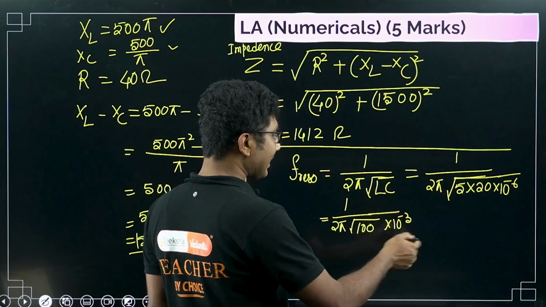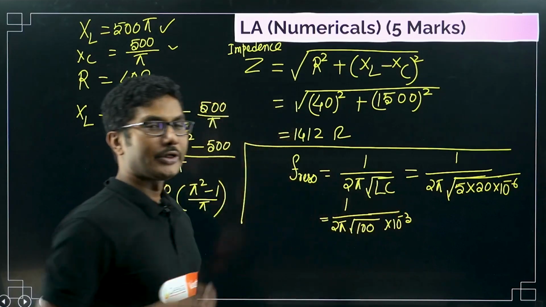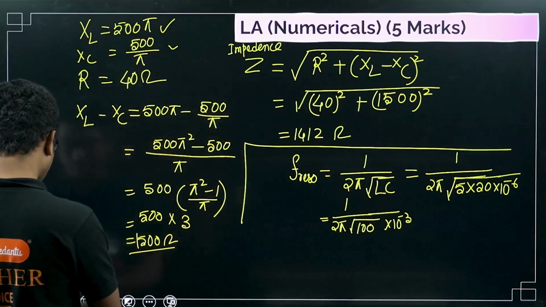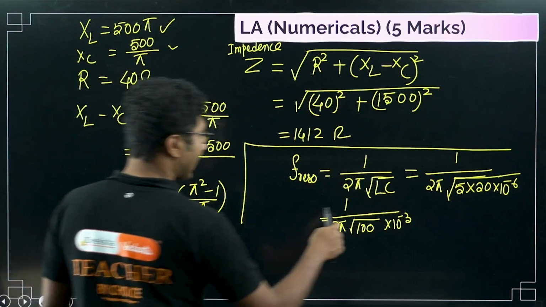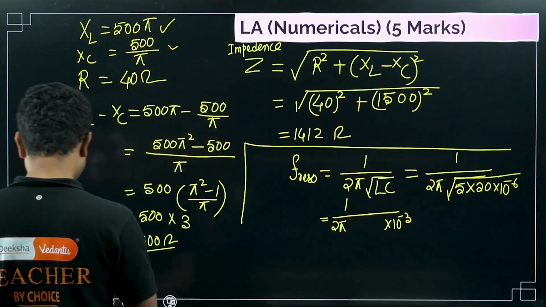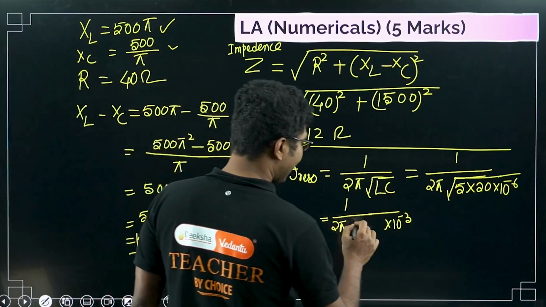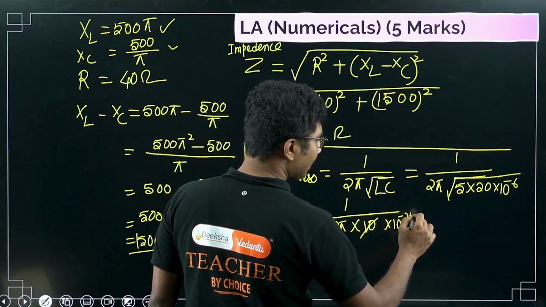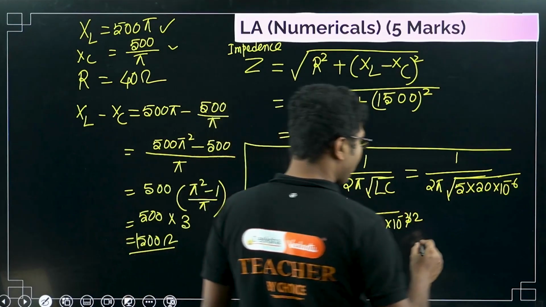I have taken that square root outside, so it will be 10 to the power of minus 3. It becomes half, right? Now the square root of 100 is 10. So you can cancel one more here, and you will get 10 to the power of minus 2.